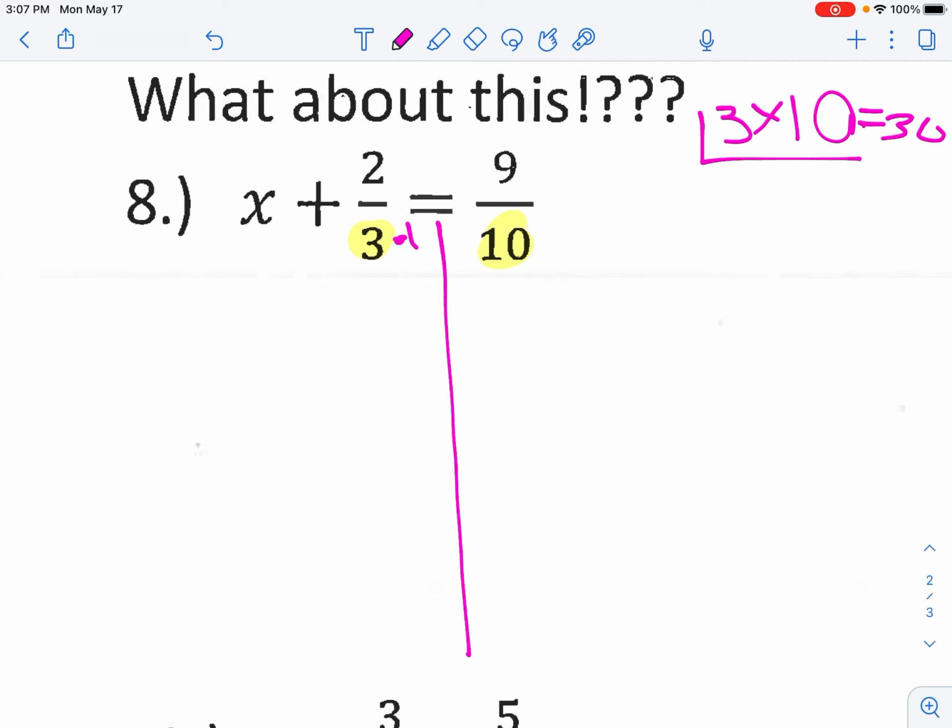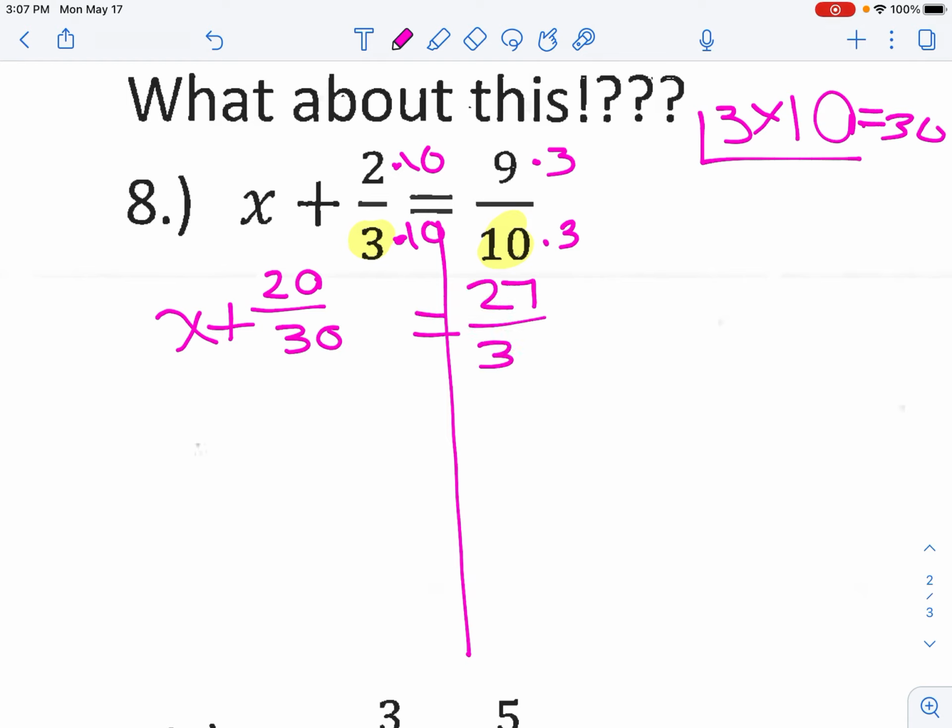So for 3, I'm going to do 3 times 10 and 2 times 10. 10 times 3 is 30, and 9 times 3 is 27. So my new equation will say x plus 20/30 equals 27/30. What number plus 20/30 equals 27/30?